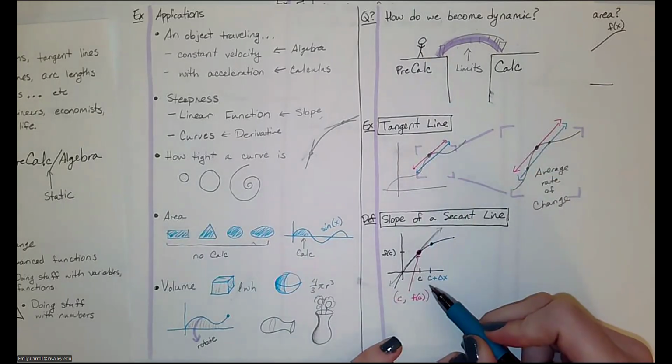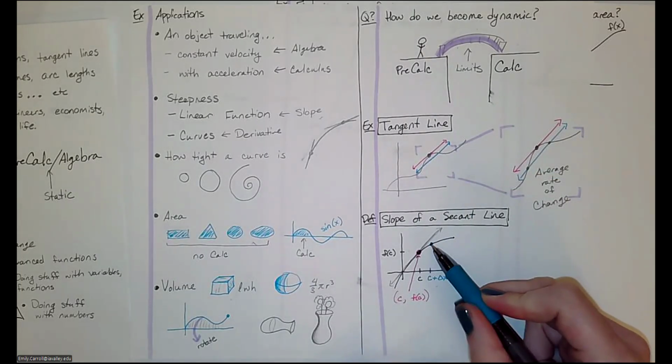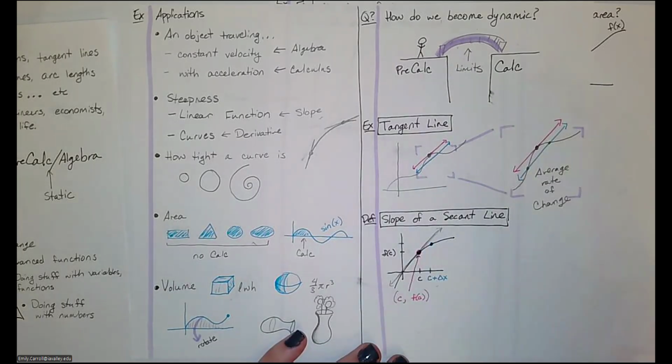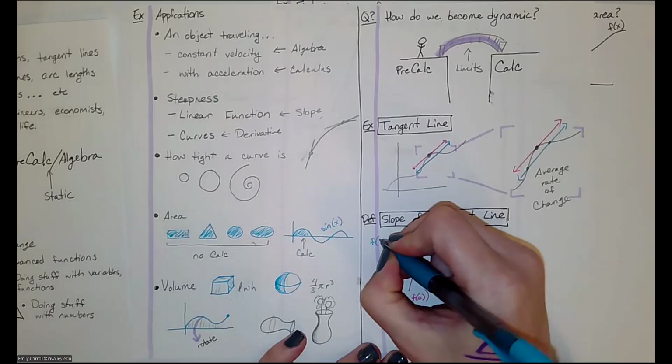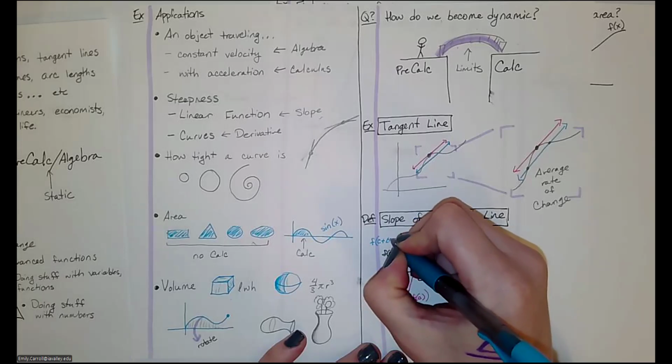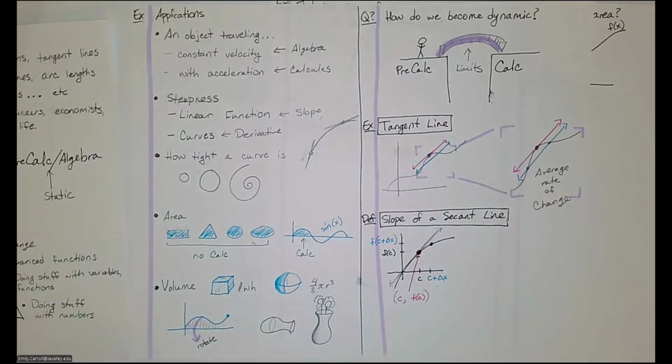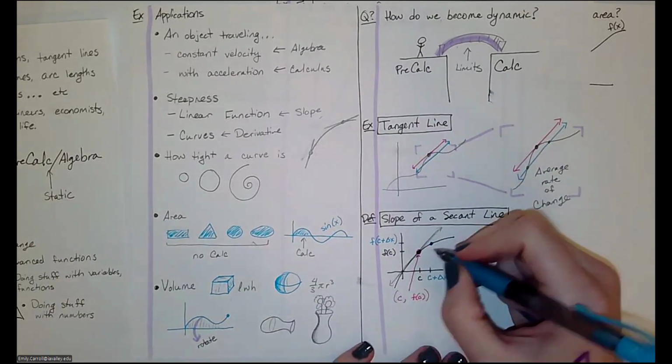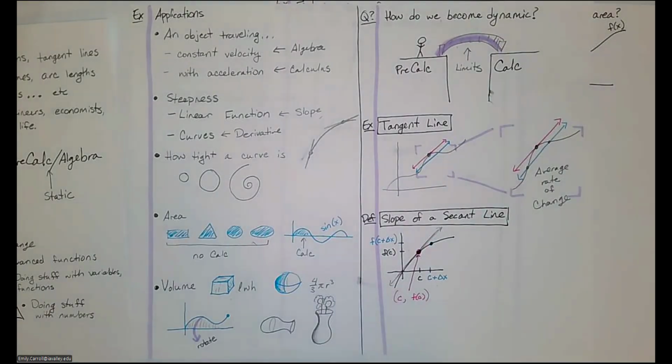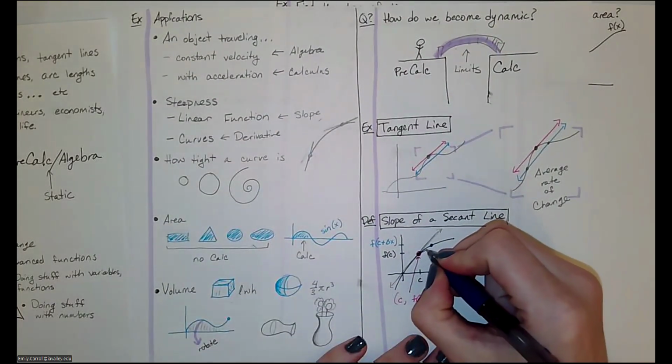And then if I evaluate that function at c plus delta x, I get this point here. Now what's the y value of that? All I know is it's f of that c plus delta x. The secant line that I'm interested in now is this one.